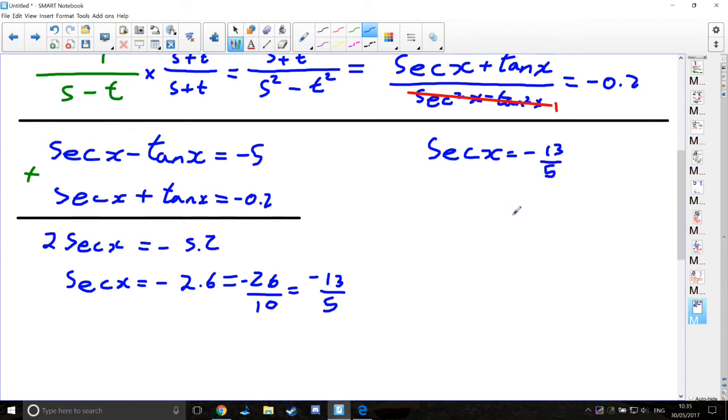And sec x is 1 over cos x. So finally, that means that if we flip both fractions, cos x is negative 5/13. Job done.